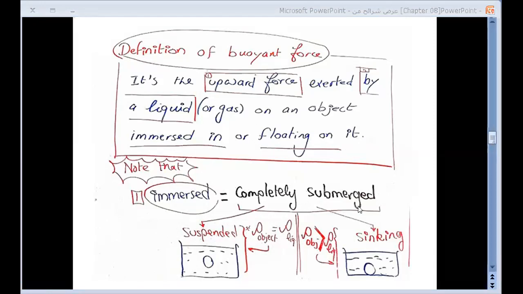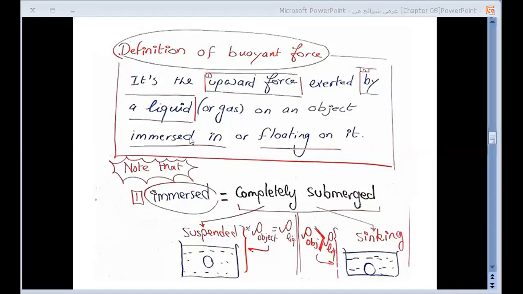You have to memorize this statement like your name. This is completely submerged that I'm pointing at now. So this is the first case, which is immersed in the definition.